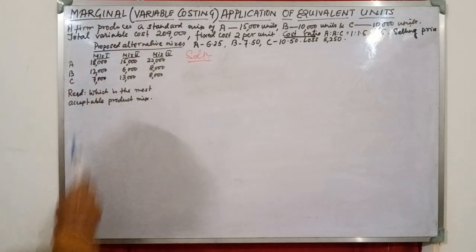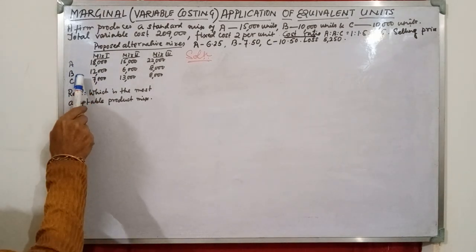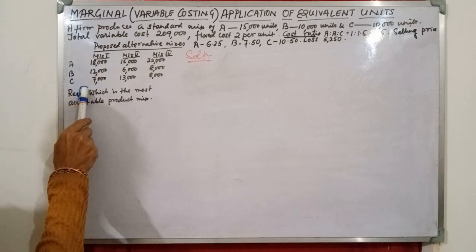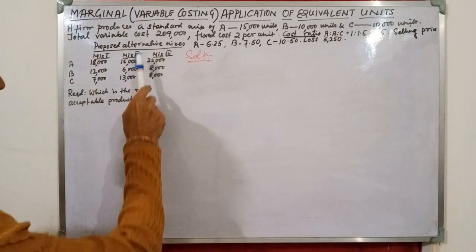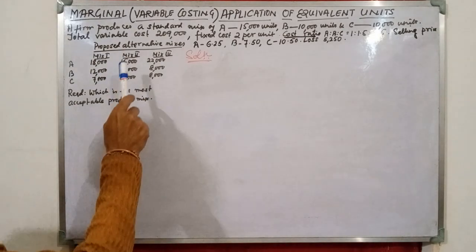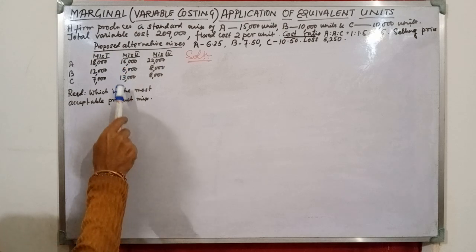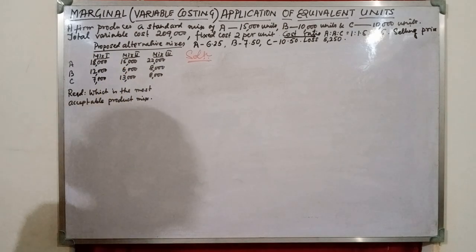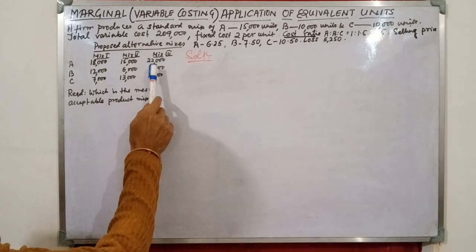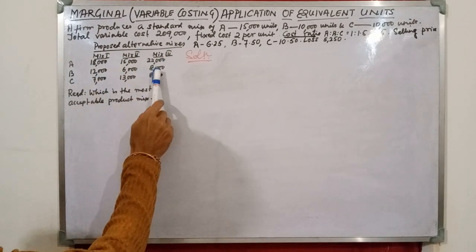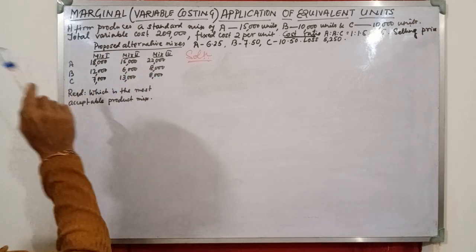Mix 1 consists of 18,000 units of A, 12,000 units of B and 7,000 units of C. Mix 2 consists of 15,000 units of A, 6,000 units of B and 13,000 units of C. And mix 3 consists of 22,000 units of A, 8,000 units of B and 8,000 units of C.